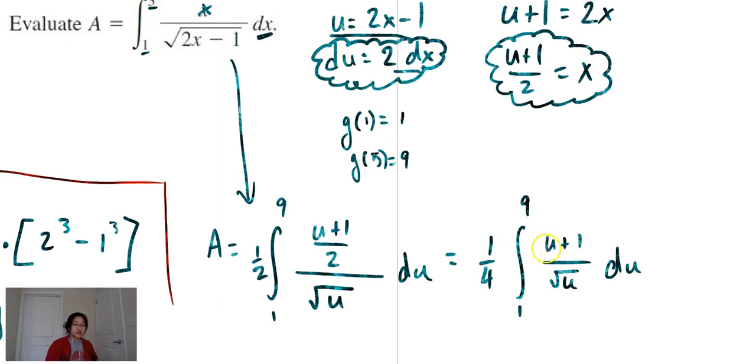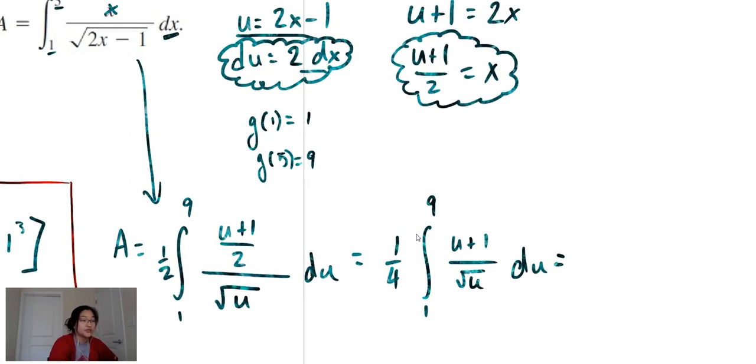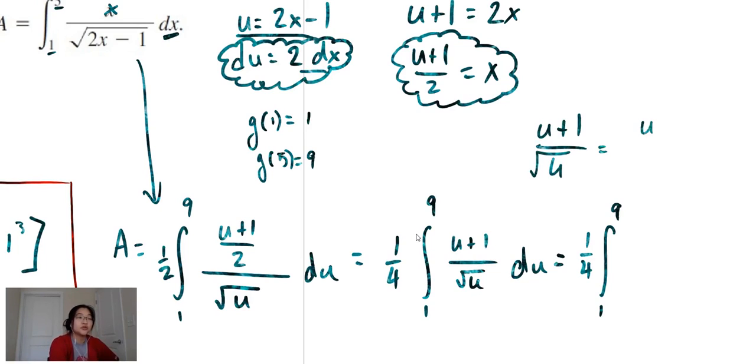This is kind of annoying, so maybe we should break that up so that we get 1/4 integral from 1 to 9 of u plus 1 over root u equals u over root u plus 1 over root u.